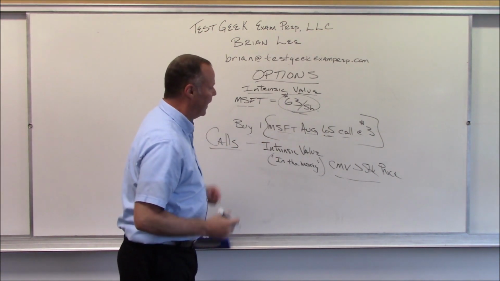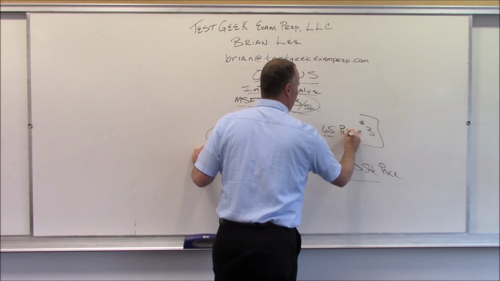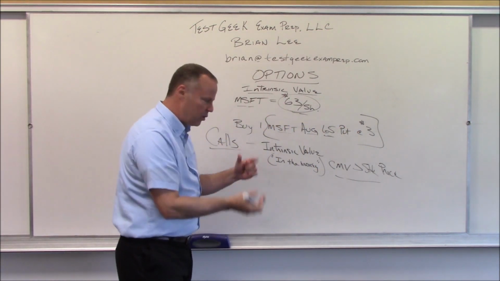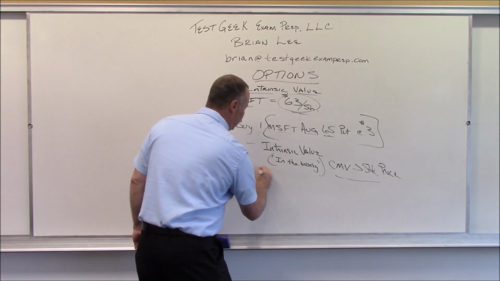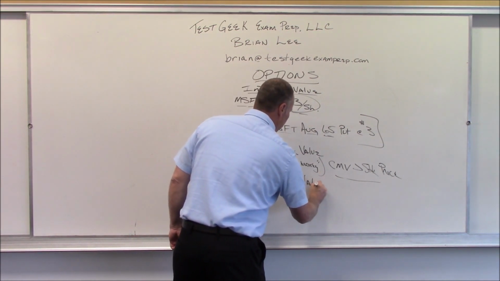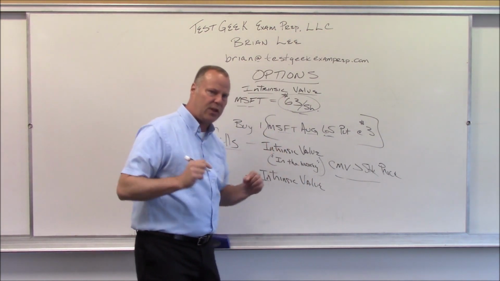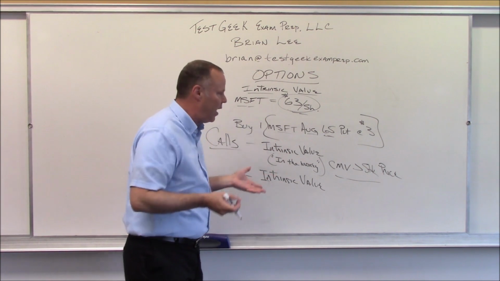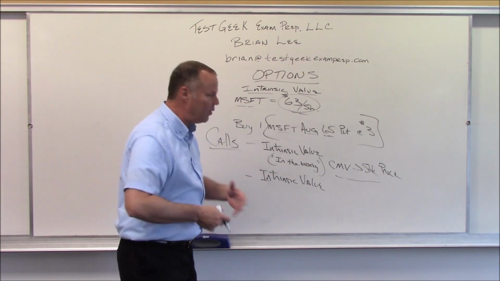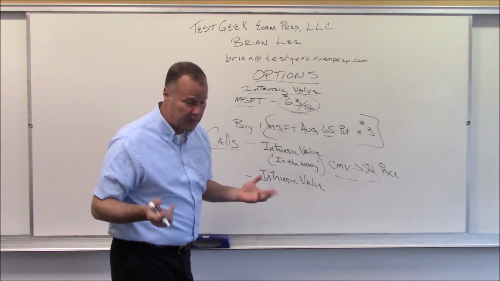If this instead were a put option, it's just the reverse. Now, there's a lot of things that you could go into. Where do they get this term? Why do they consider intrinsic value? What is intrinsic value? Where is that all derived? I mean, we could go into all of that if you wanted to.